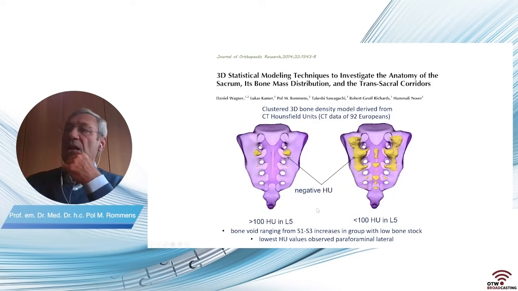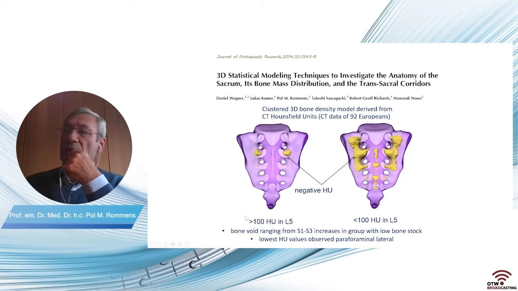Here you see a study that has been done in the AO Research Institute in Davos with one of my collaborators. We looked at 92 Europeans, and here you see three-dimensional models of the sacrum that were clustered in two groups.